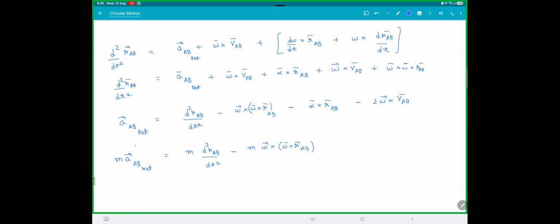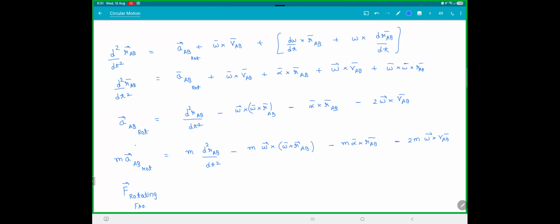It is not the object which you are watching. This would be alpha cross RAB and minus 2 omega cross VAB. So this would be the force in the rotating frame, because mass into acceleration in the rotating frame will give you force in the rotating frame.